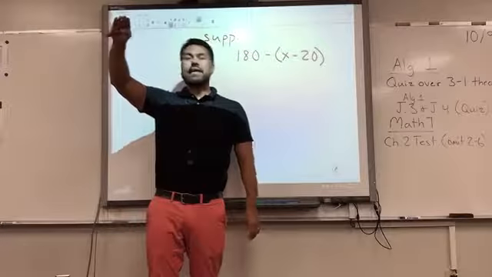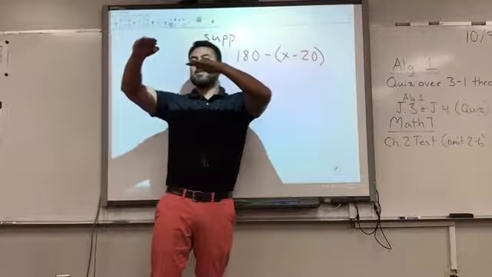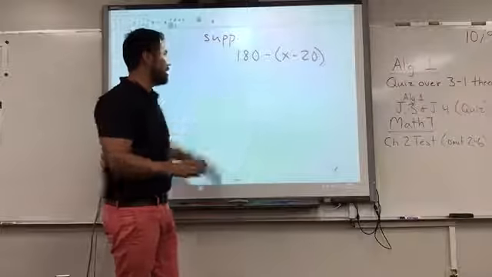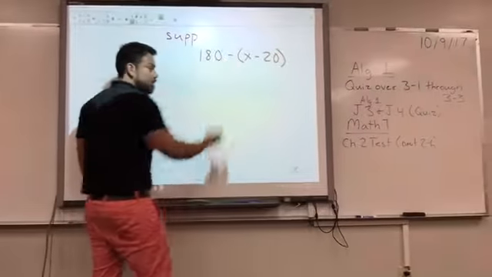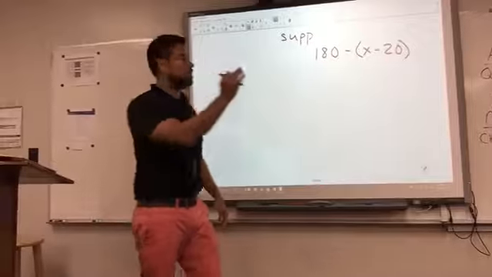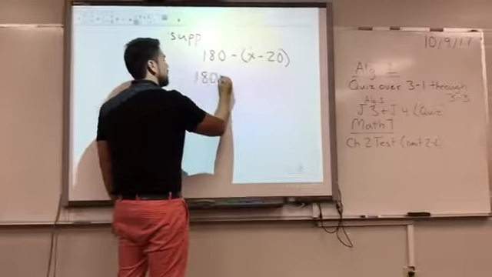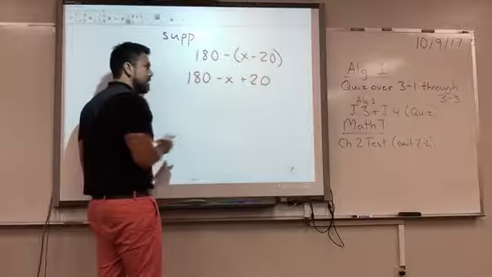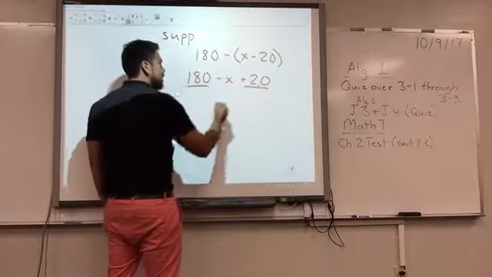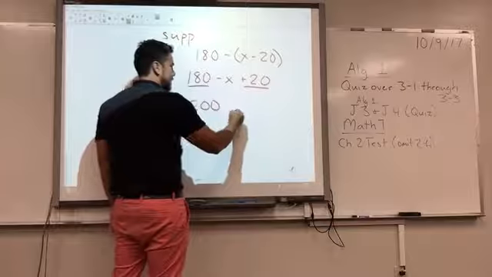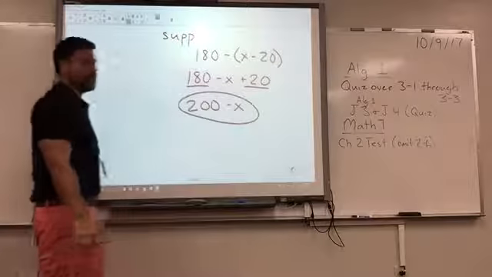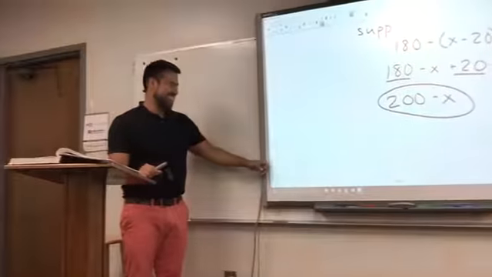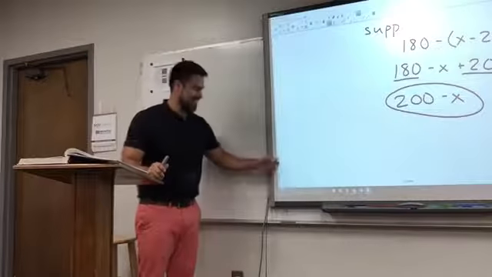Okay, complement is going to be 90 minus something. Supplement is going to be 180 minus something. So this is what we have. Can someone rewrite this to drop those parentheses? Yes, ma'am. 180 minus x plus 20. Very good. Like terms right here, we get 200 minus x for the supplement. 200 minus x.